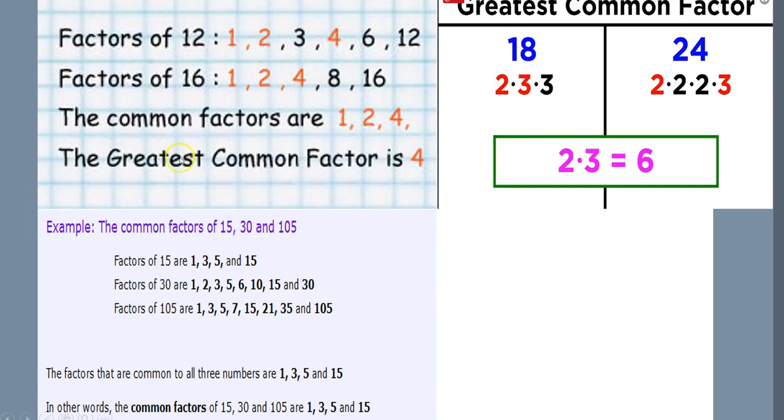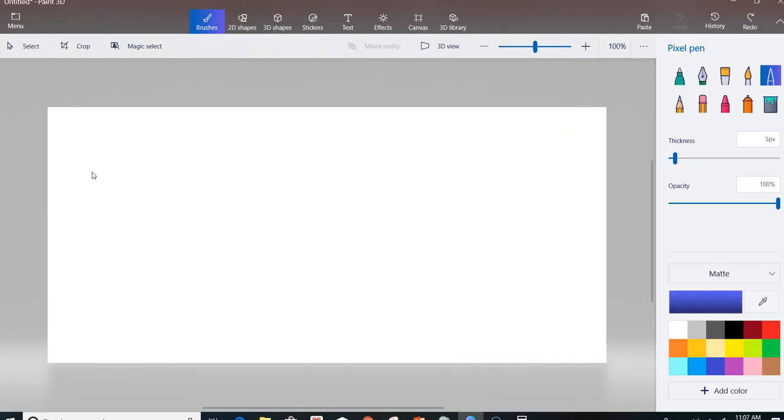Let's go to the blackboard and do some examples. Here's our blackboard. We're going to find the greatest common factor, or GCF, of 90, 168, and 420.